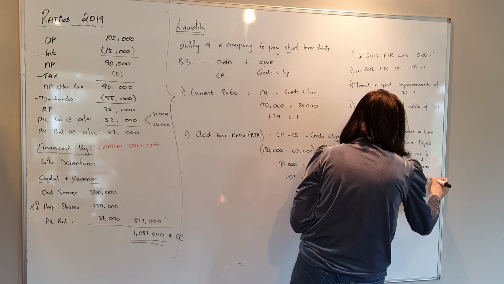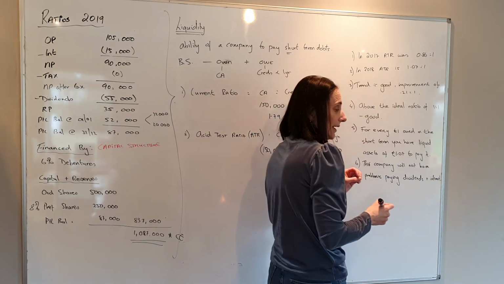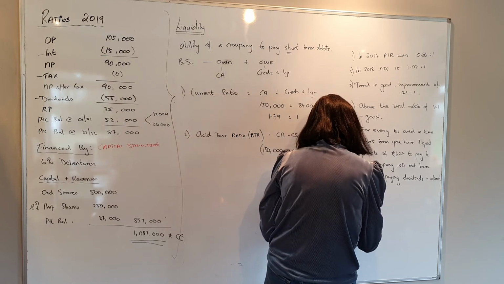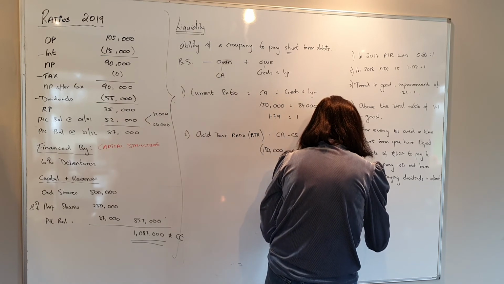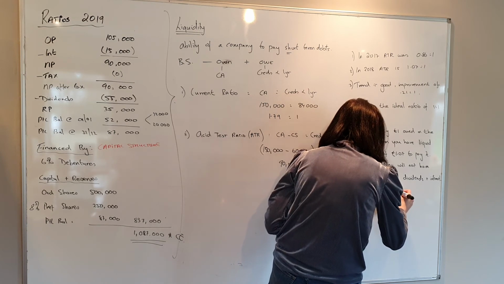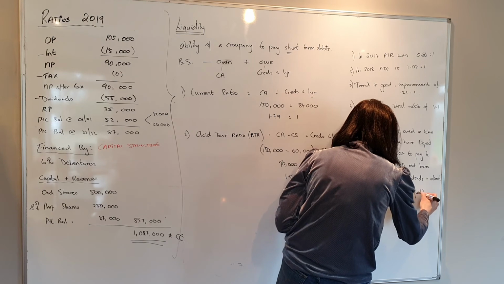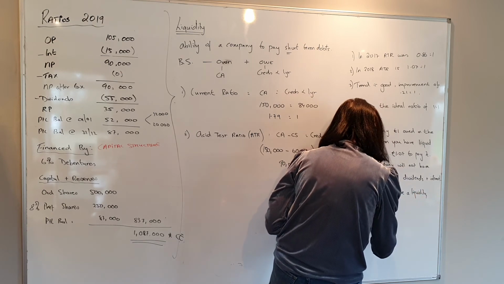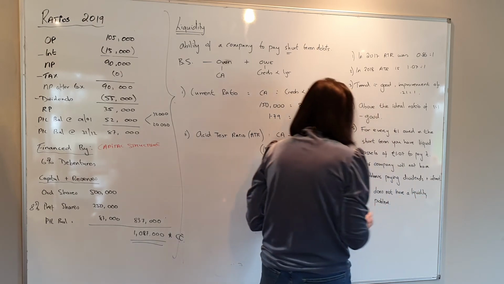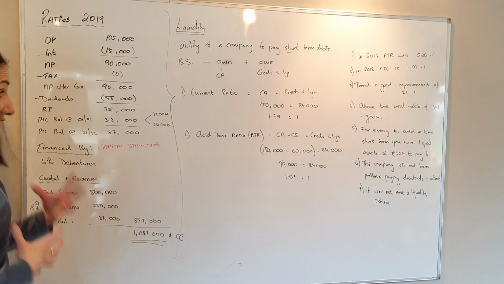So that just covers you in case it's from the debenture holder's point of view or the shareholders. And number 7, it does not have a liquidity problem. And you have to have all of them to get your marks. And again, it's about 7% for everything that's there, and it actually doesn't change.